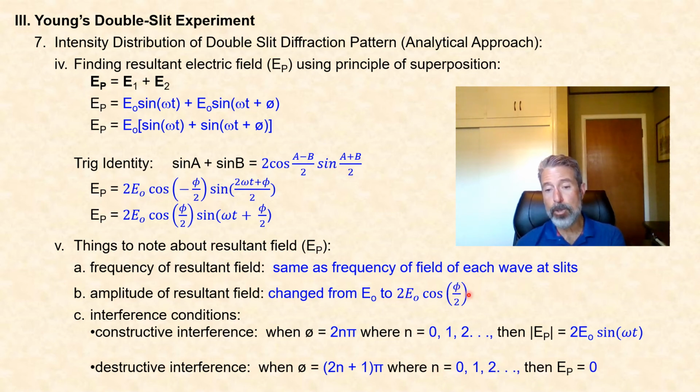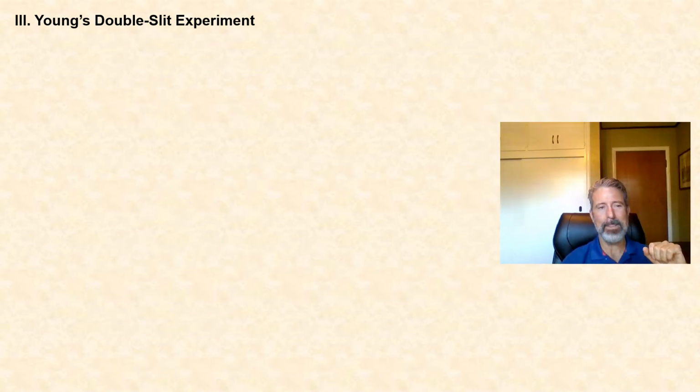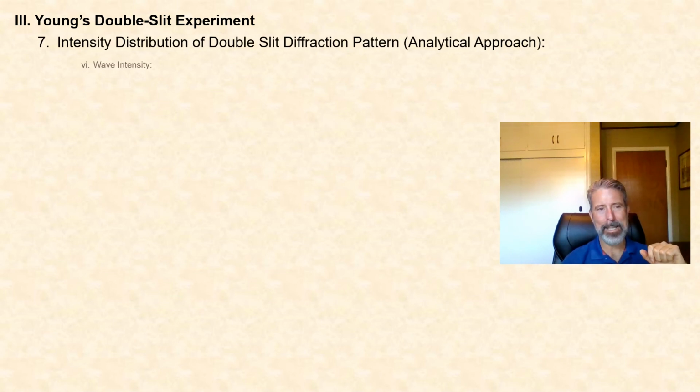For those values of phi, the cosine of those values is 0, in which case we get the condition for destructive interference. So the electric field sum is 0. All right, so we're getting there.